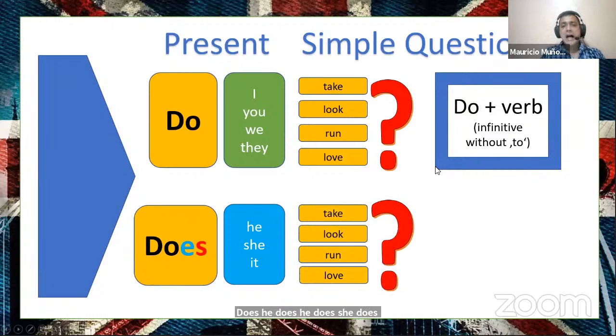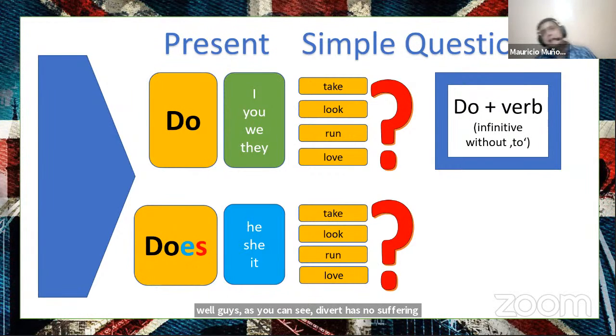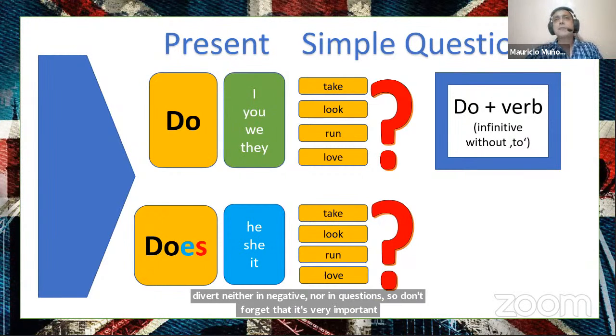Well, guys, as you can see, the verb has no suffixes. Remember what we learned yesterday? We said in negative, we cannot add suffixes at the base form of the verb, neither in negative nor in questions. So don't forget that. It's very important, okay? Trate de recordar, por favor.